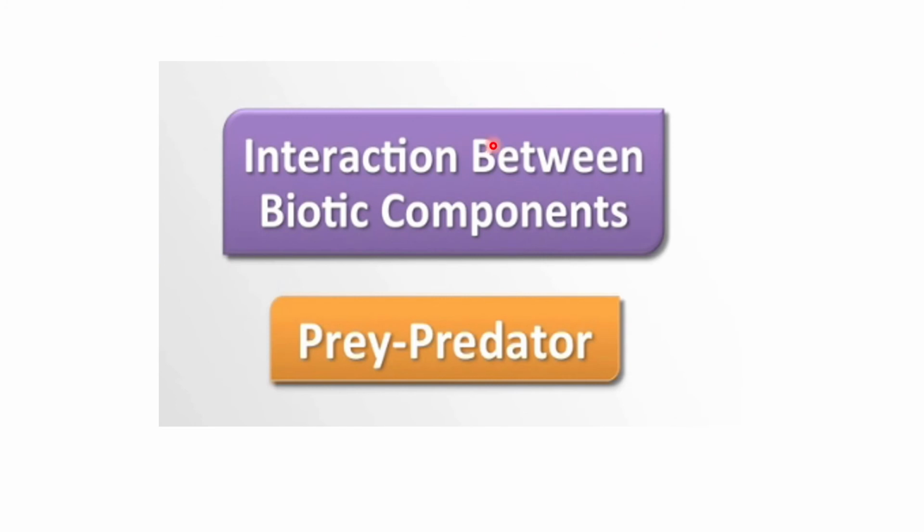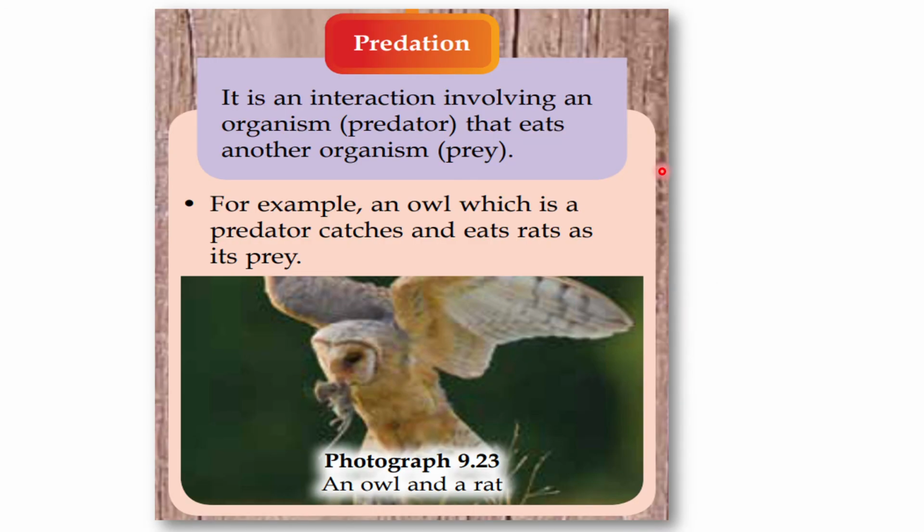Next is another interaction, which is predation, or we call it the prey-predator relationship. Okay, what is predation? It is an interaction involving an organism, that is the predator, that eats another organism which we call the prey.